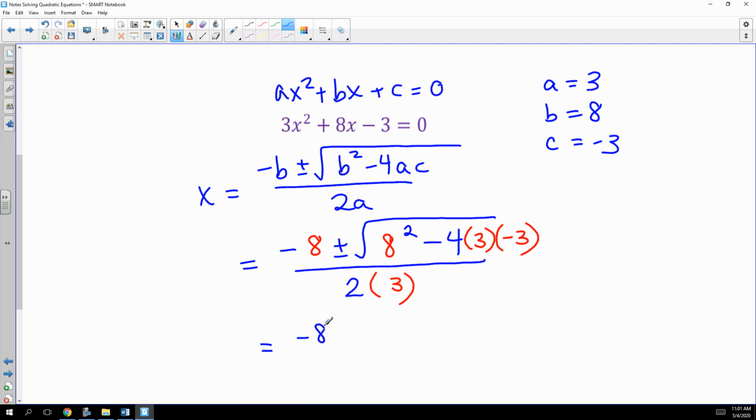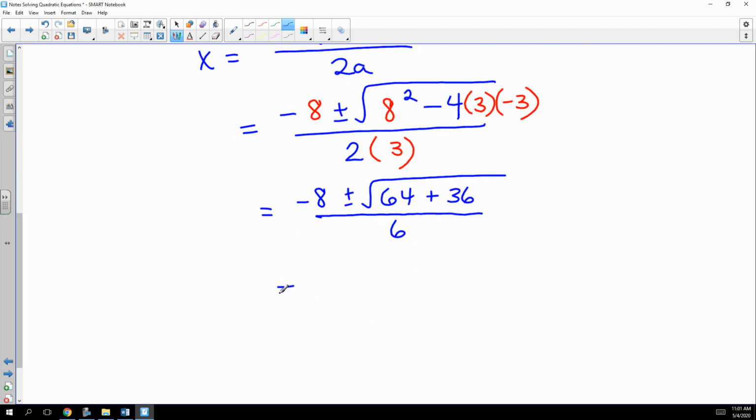We get negative 8 plus or minus the square root of 64 plus 36, all over 6. So we get negative 8 plus or minus the square root of 100. So this was factorable. I know it's factorable because the square root is a perfect square. So negative 8 plus or minus 10, all over 6.